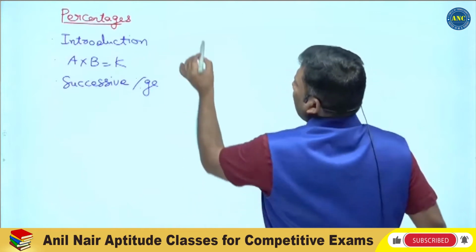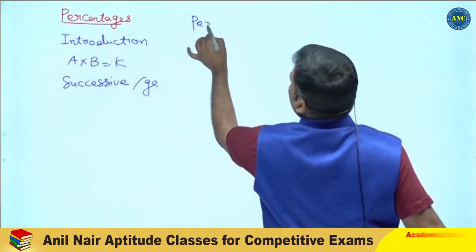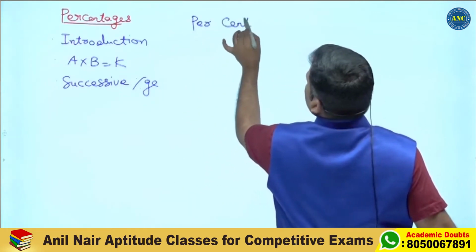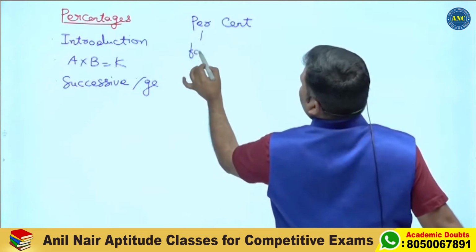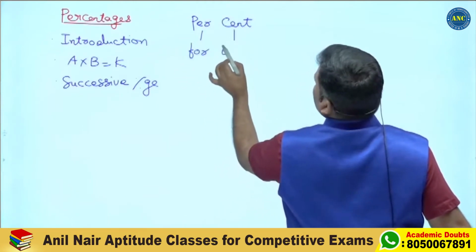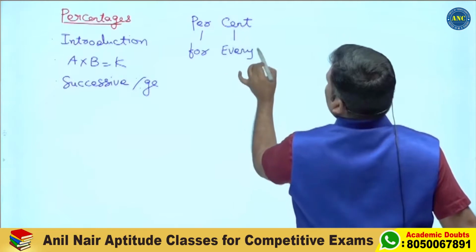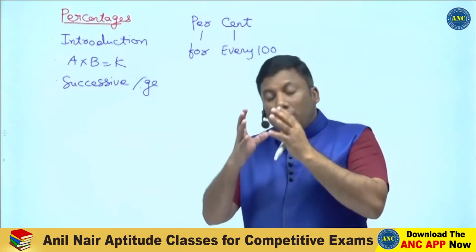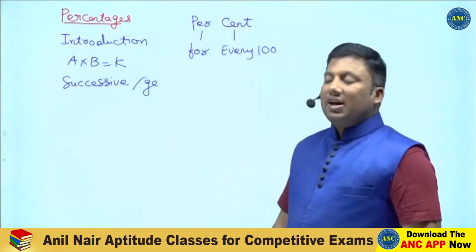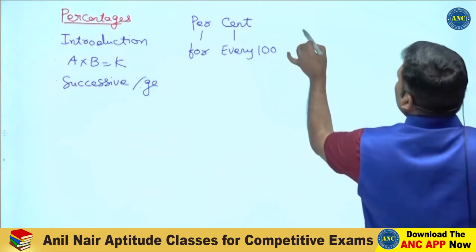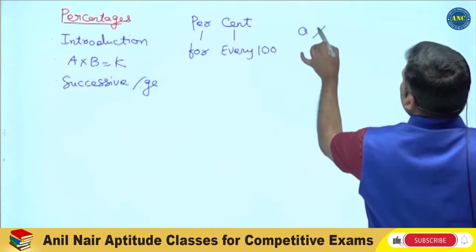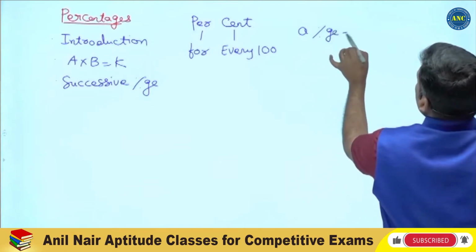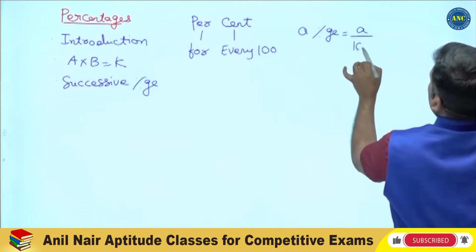See, percent. Per is for, cent is every 100. If the total value is given as 100 and I want a part of it, that can be represented as a percentage equivalent to a by 100.